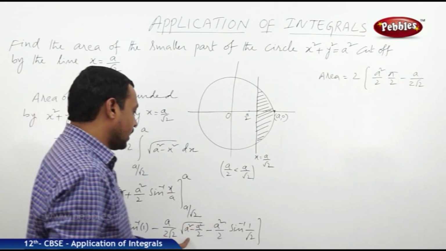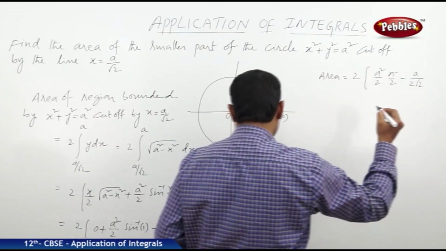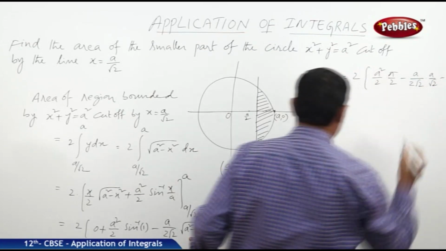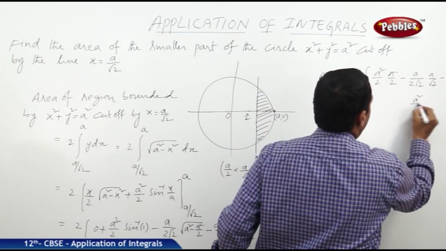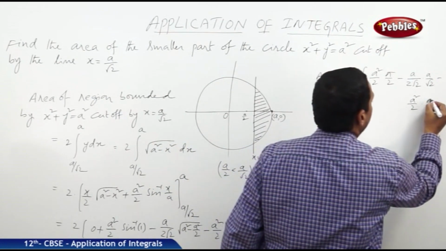Now 2a square minus a square, that is a square by 2, under root a square by 2, that is a by root 2, minus a square by 2 into sin inverse 1 by root 2 is equal to pi by 4.